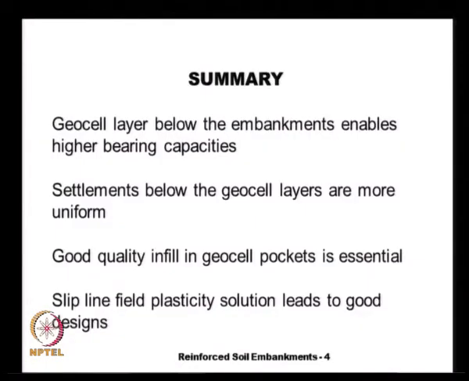And the summary is, we have seen that the use of Geocell layers below the embankment enables the mobilization of higher bearing capacities. This is mainly because of the rotation of the principal stress directions, and it prevents the formation of the normal slip circle.